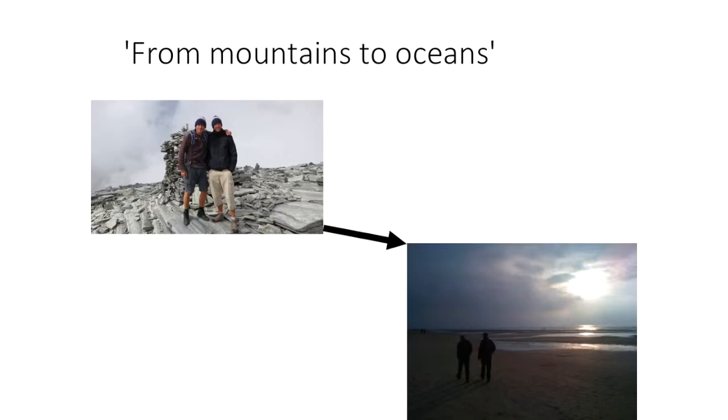My question to you was, what goes from mountains to oceans? And the correct answer was water goes from mountains to oceans. It precipitates in the mountains via snow or via rains, and then it flows via groundwater and rivers, and it eventually ends up in the ocean, and it takes a lot of stuff with it.